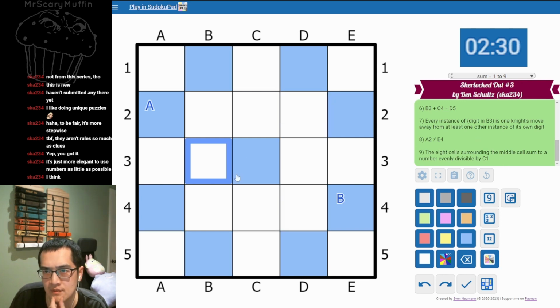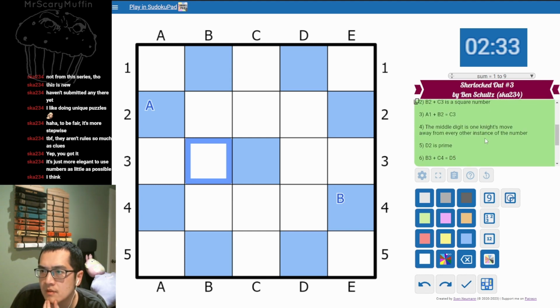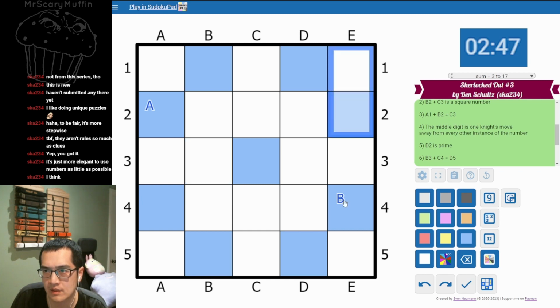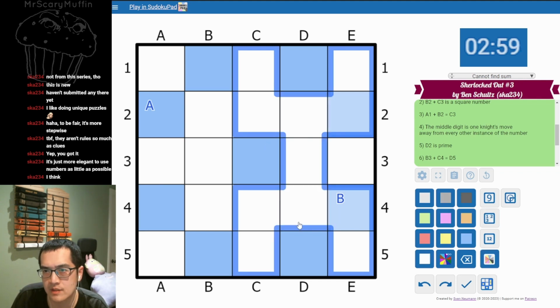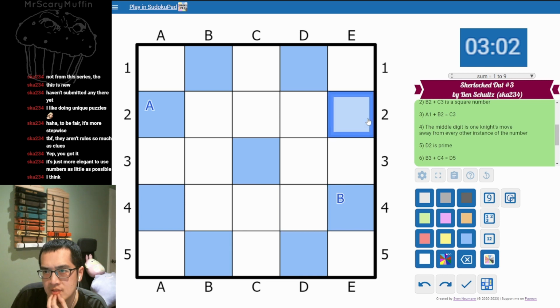Let me double check this. This one guarantees we'll touch all these other ones. This one doesn't have to touch the other ones. Obviously, the problematic one is going to be the E column number, because it doesn't reach that one easily. So the E column number needs to see one of itself like this, or like this. This one in the E column is problematic because it has to see something else that's not this.